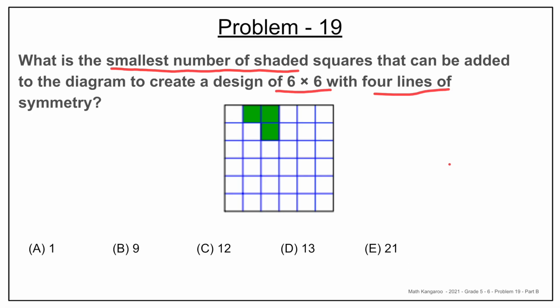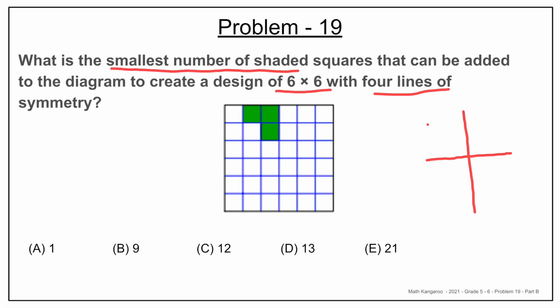So 4 lines of symmetry means if a line is drawn on this figure horizontally, the shape made in this area and this area should be the same. If a line is drawn vertically, then the shape in this area and this area should be the same.